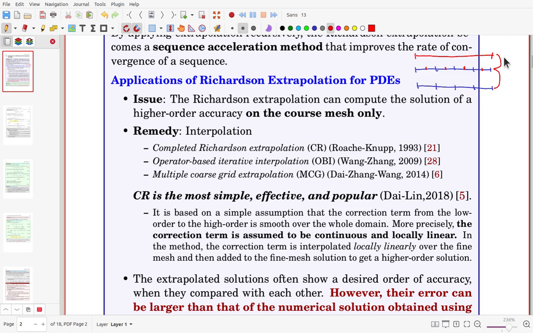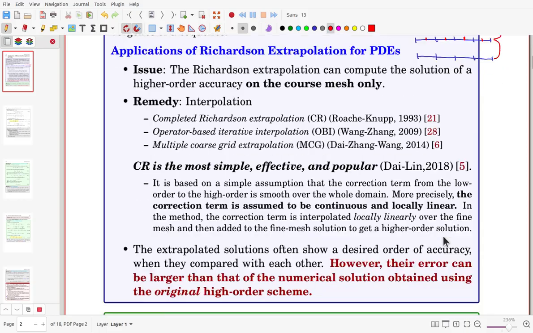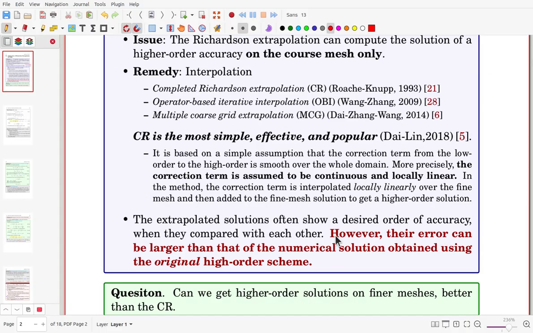However, the overall accuracy of the solution is not really at the same level as that of the fine mesh. Sometimes they are degraded altogether simultaneously, and they still show the desired order of accuracy. But that's not really good. Quite often it shows the desired order of accuracy, but the overall accuracy is not really good.